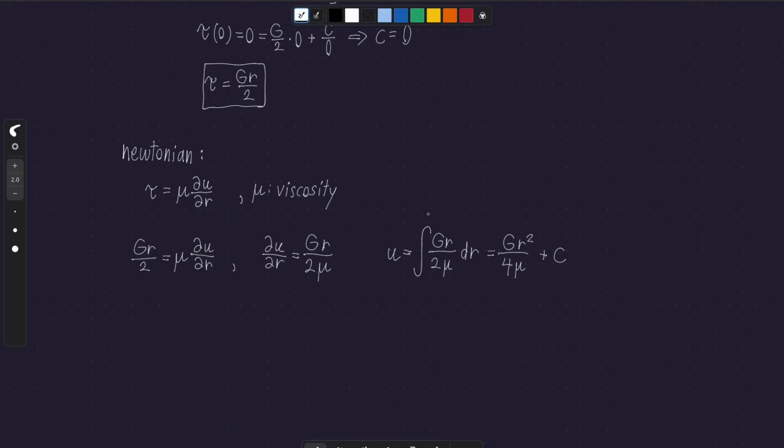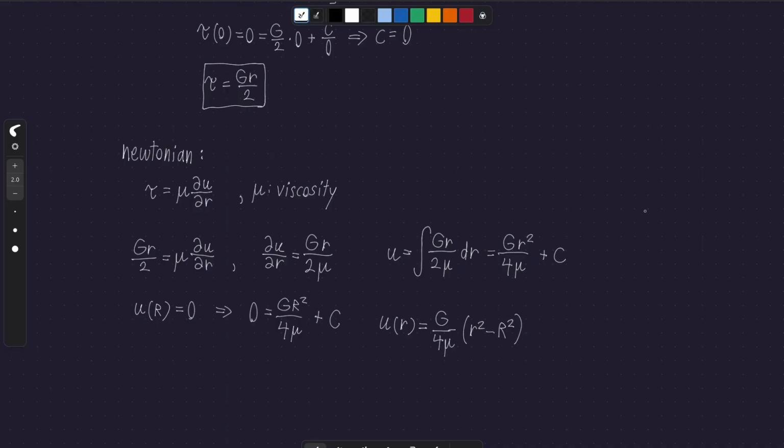And to find this constant, we can use the condition that at the walls of the pipe, the fluid does not move. So u of R equals 0, where R is the radius of the pipe. And like this, we find the constant, which is minus G R squared divided by 4 mu. And we have our formula for the velocity.